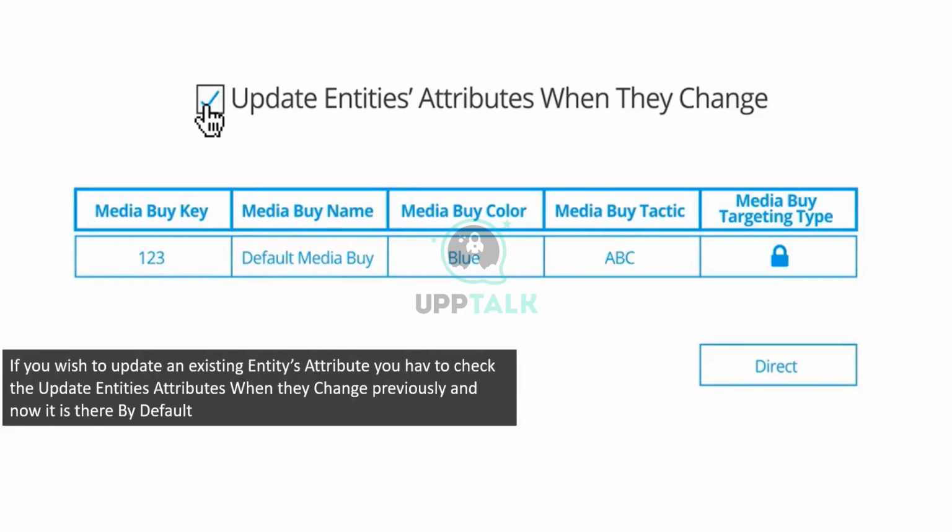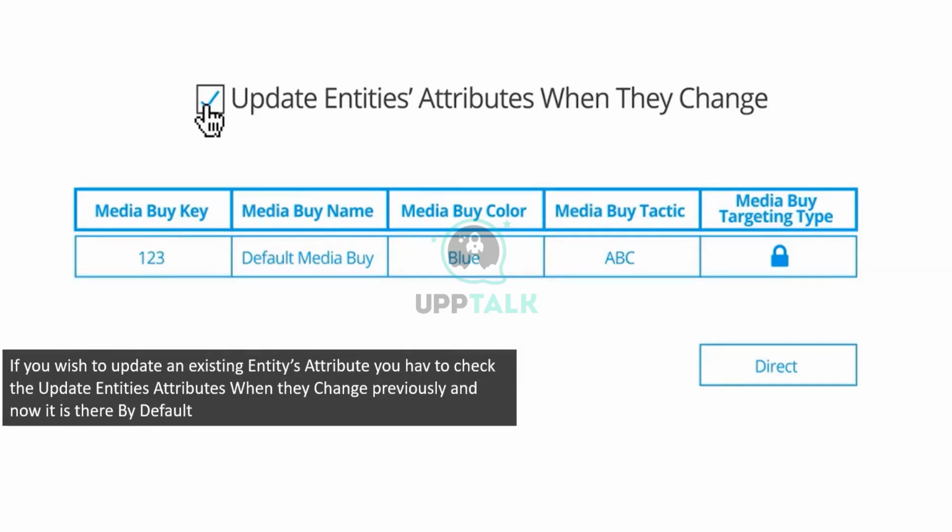A default by cannot have direct and indirect at a single point of time. It is never possible for an entity to have two attribute values. It will only have one attribute value.